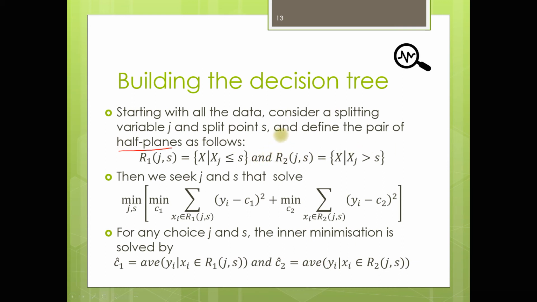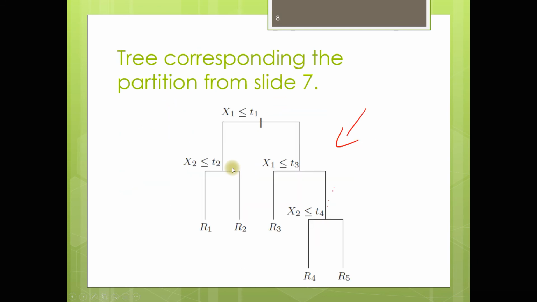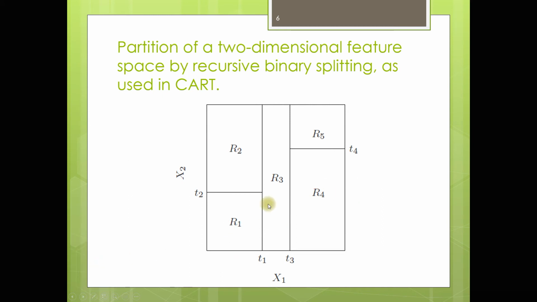To illustrate this idea, let's go to the example that we took here. For example, originally you would have a square like that. You would have x1 and you would have x2.